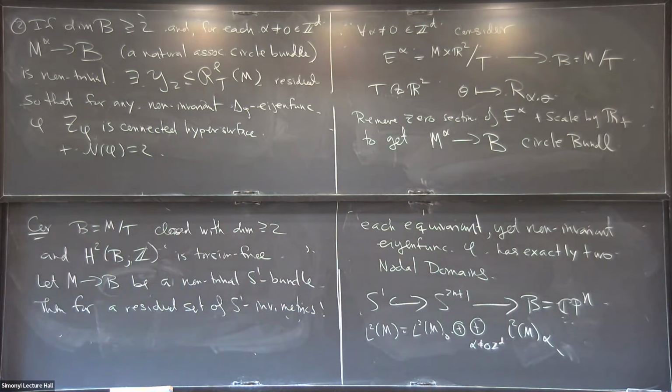If you took a planar domain, dimension 2, and tried to create just two nodal domains, it's going to be extremely hard. I'm not sure it exists. There's something between dimensions, because this is really separation of variables through this S1 action.